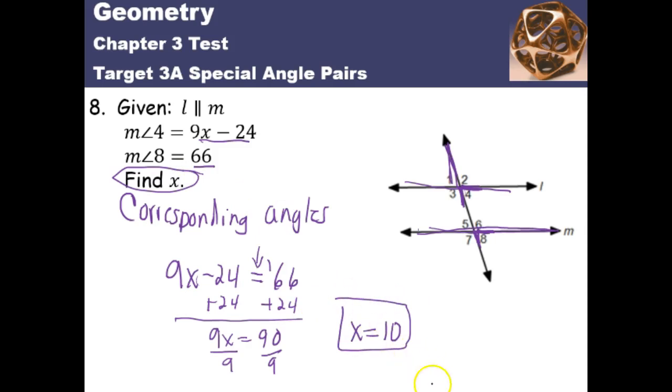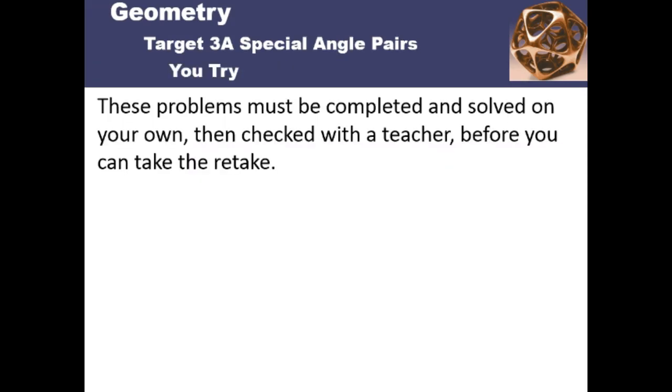Okay. And that's all the examples. Now here are the practice problems. So again, you probably know the drill, but you must have this checked and signed either by a math teacher or a math lab teacher. Okay? There's going to be a form that you have to have signed saying that you did these practice problems.